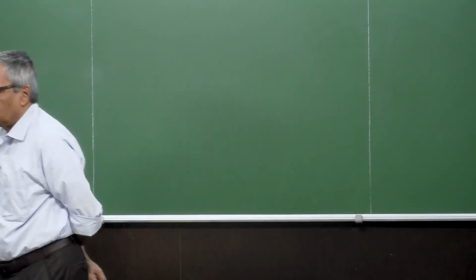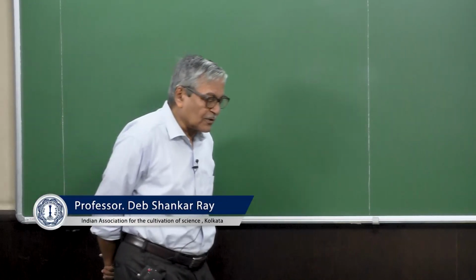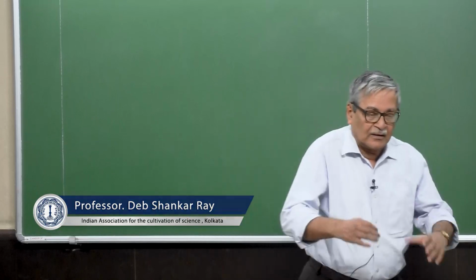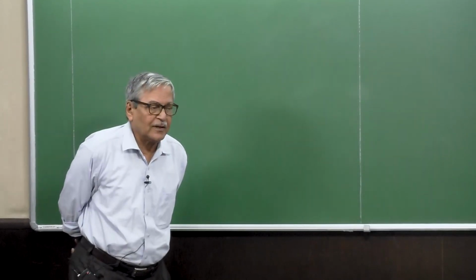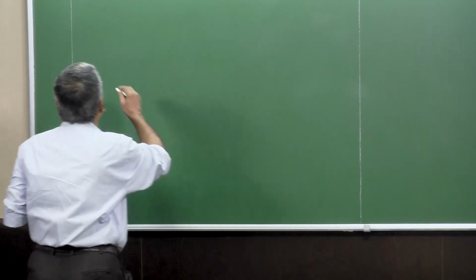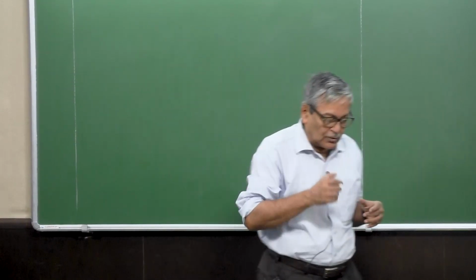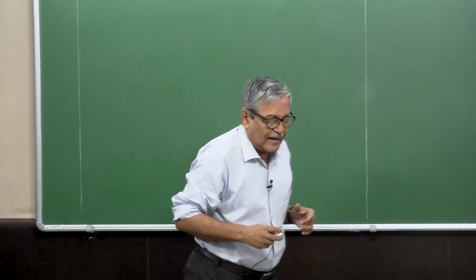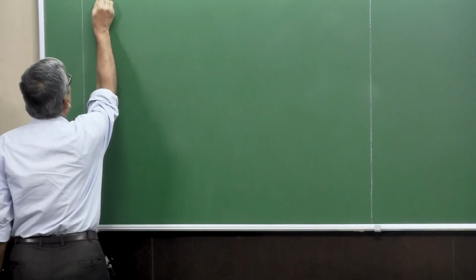Let us continue our discussion on the Carnot cycle and some of the conclusions that we may draw out of these things. What we have shown is that the Carnot cycle is a reversible cycle and plays a pivotal role in the context of thermodynamics.